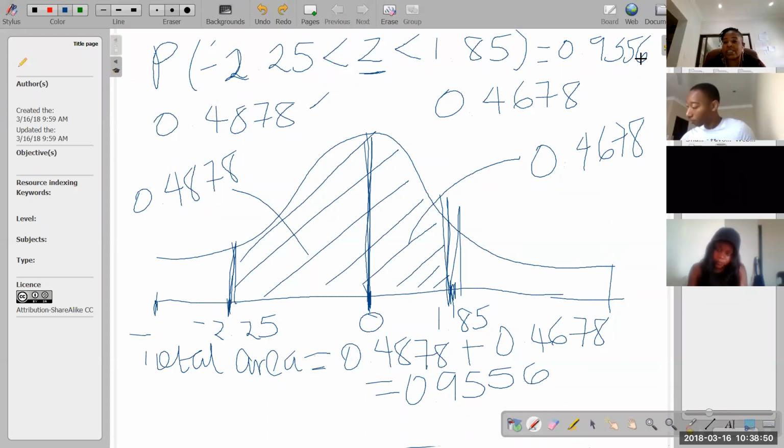Or you can say there is a 95.56% chance that Z lies between minus 2.25 and 1.85. Any question, please?